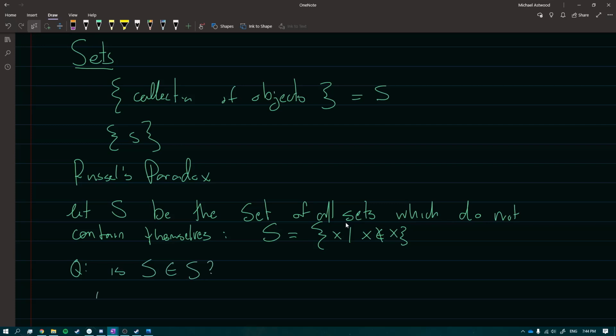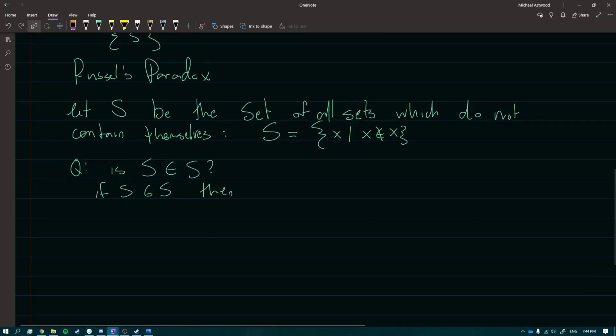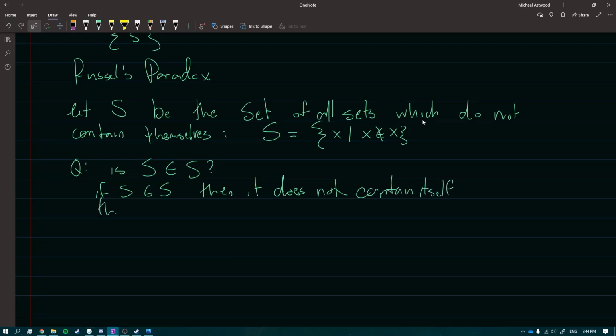Well, if S is an element of S, then it does not contain itself. Therefore, S does not contain S. You see, this follows because of the definition.